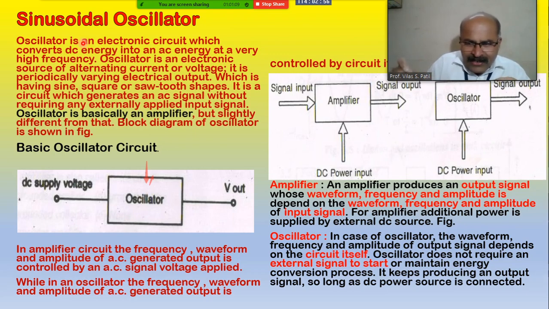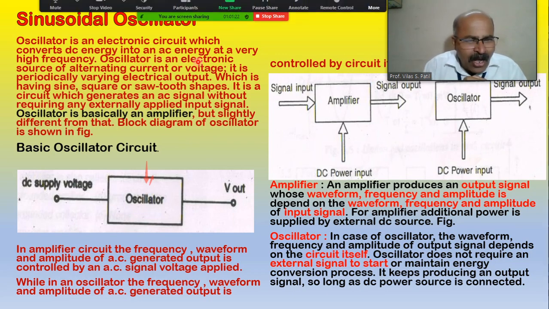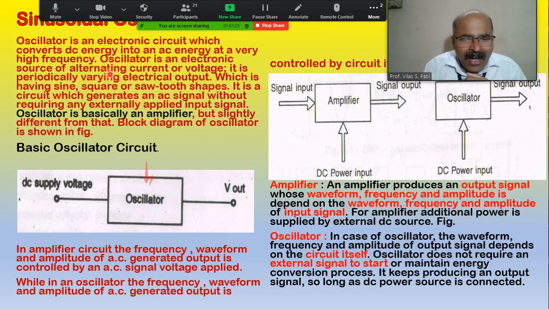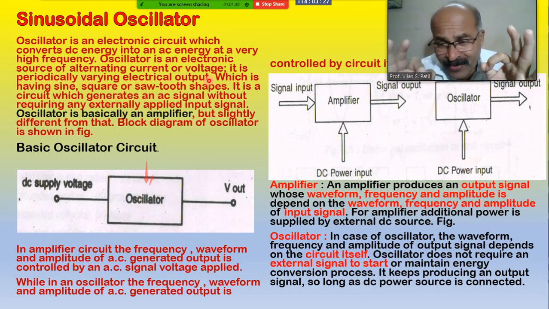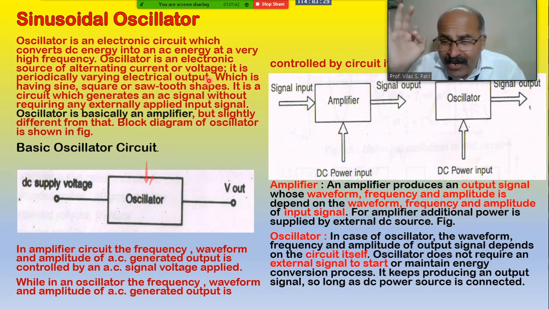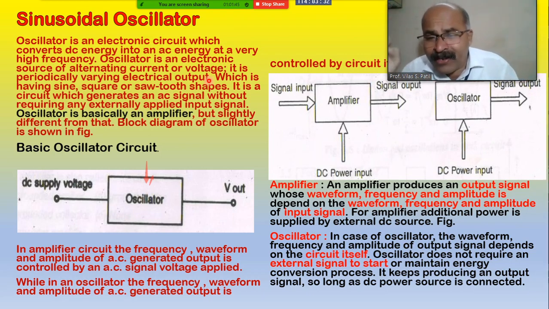In depth, in very long extension, its definition is very clear cut. Oscillator is the electronic circuit. Oscillator is the electronic source of the alternating current or the voltage, and it is periodically varying electrical output. काय म्हटलंय बघा, oscillator is the source of the energy and it gives electronic energy in oscillating form.